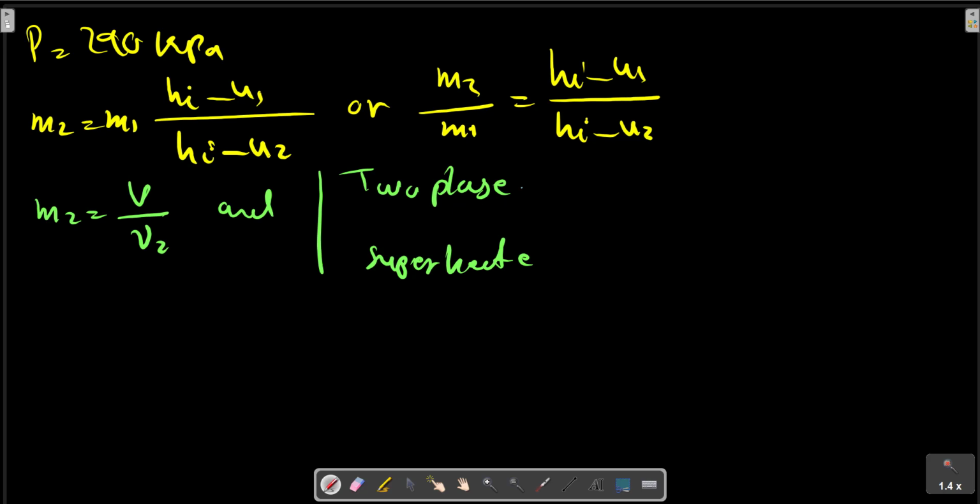At first we assume two-phase. If we obtain logical equality between 0 and 1, our assumption is true.